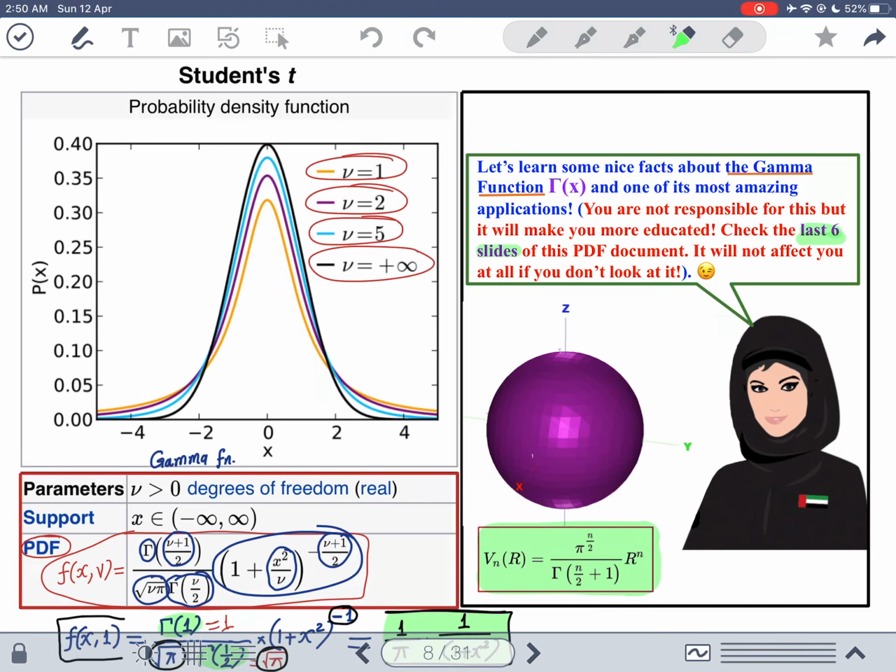Then Lanoud shows what happens when we go to dimensions 4, 5, 6, and something interesting happens there. Maybe we'll talk about it at the end, but you're not responsible for this. Lanoud just wants students who are interested in learning more to see it.